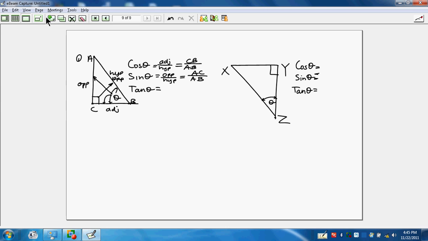And then tan theta, from SOHCAHTOA, is opposite over adjacent. In this case, opposite will be AC and adjacent will be CB.